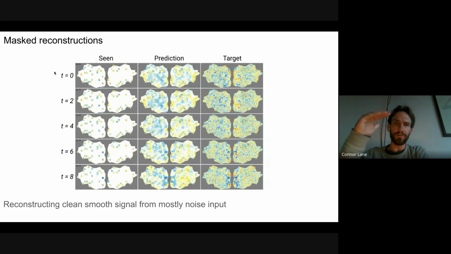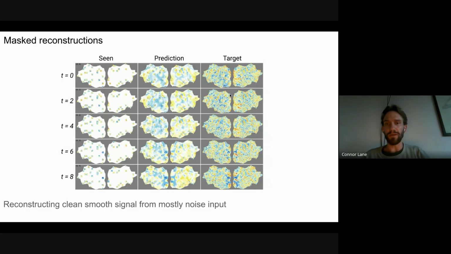As you go down the rows, you have increasing time steps. So this is a plot for one example fMRI sequence, and the masked autoencoder is making predictions for each time step. The main thing to notice is that the model is able to capture the precise signal pattern that changes over time without being able to reconstruct any of the noise that is present in the target image.